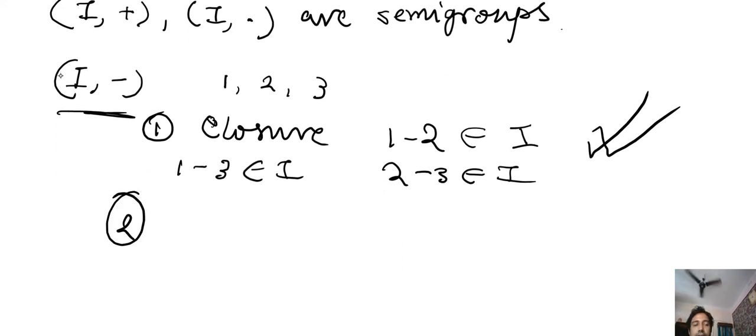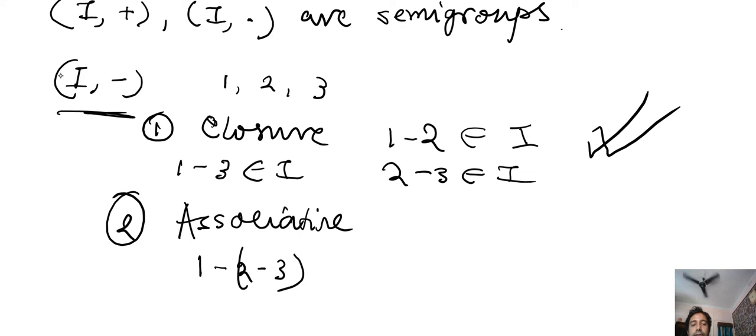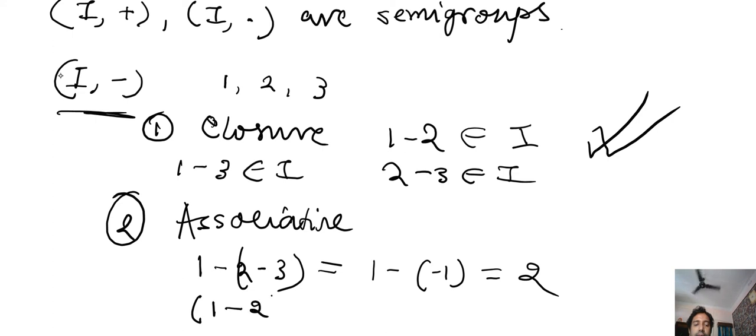Does associativity hold? 1 minus 2 minus 3: within parentheses, 1 minus 2 is minus 1, minus 3 is minus 4.